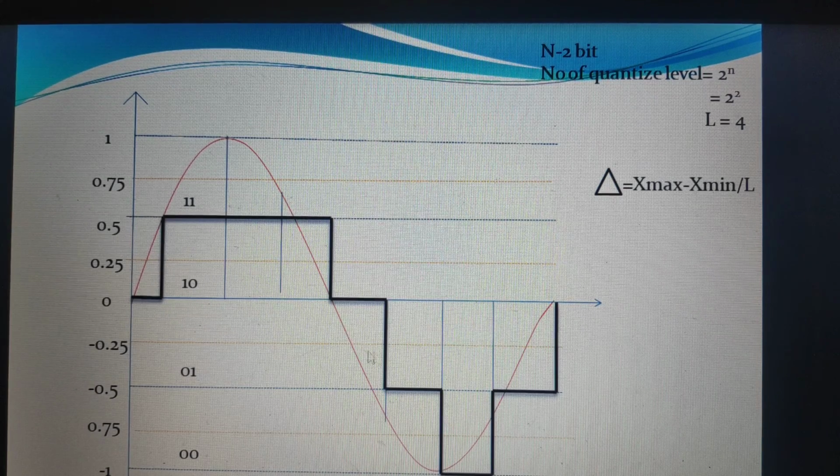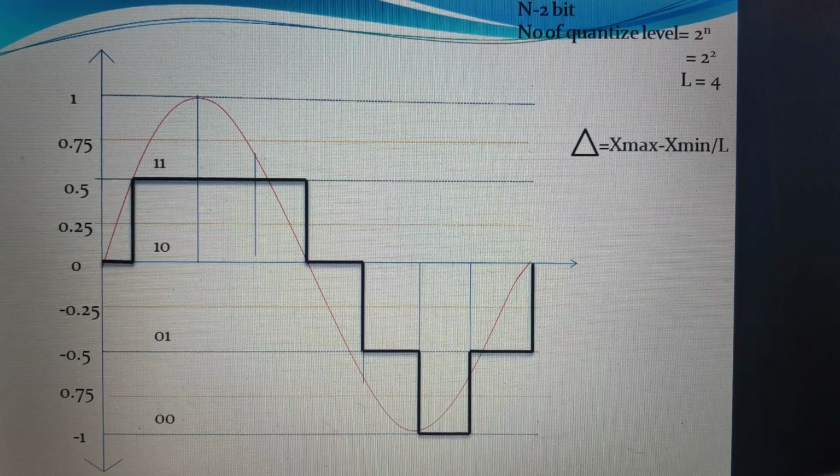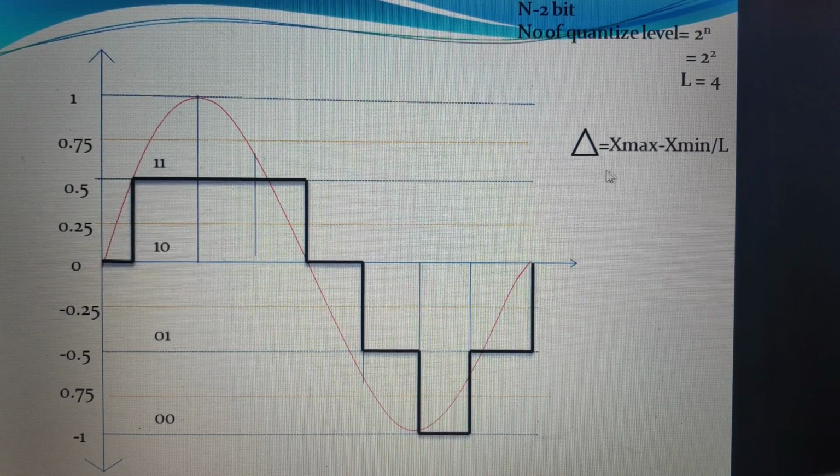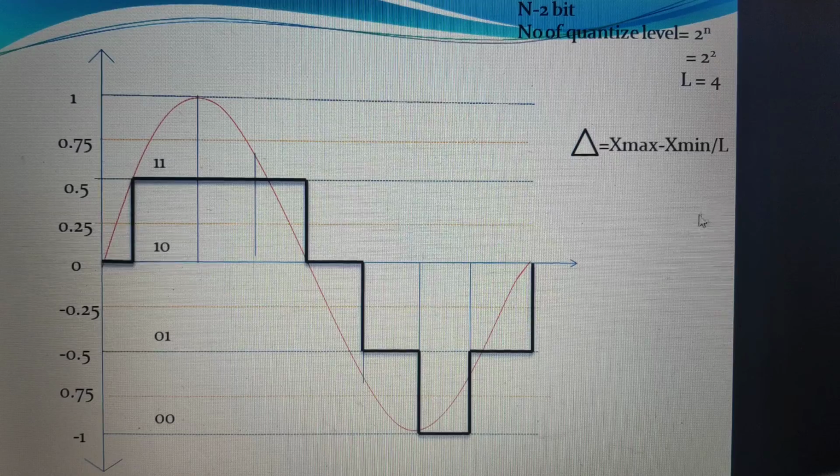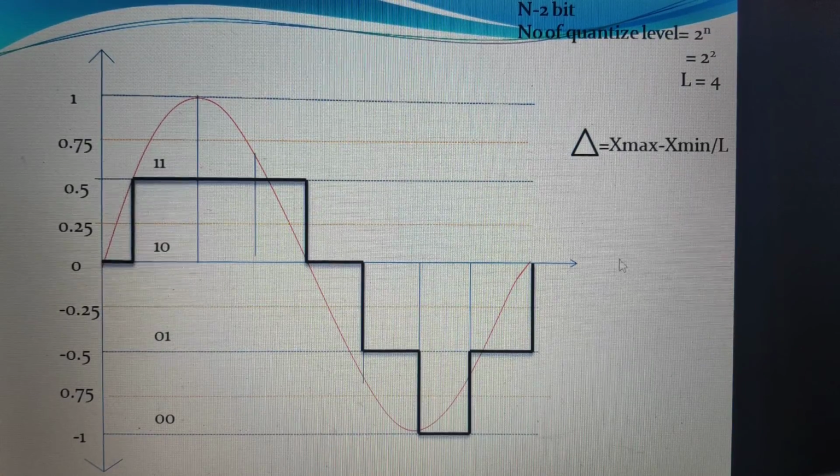The blue lines are the quantization levels that we have taken. Now there is delta. Delta is the step size, meaning the amplitude interval. Delta can be taken as x max minus x min divided by L. Here x max is 1 and x min is minus 1, divided by L. We have got L as 4, so 1 minus minus 1, which is 2, divided by 4, will be 0.5.